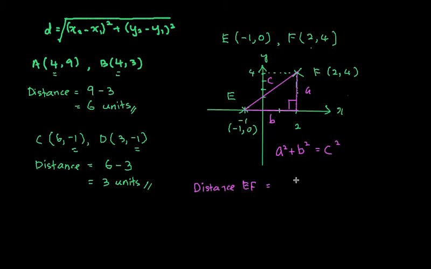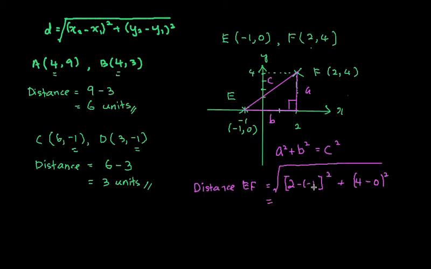So it will be 2 minus negative 1. Don't forget you have to square it. Plus y2 minus y1. Actually you are calculating the length of this side. So it will be 4 minus 0, squared, and square root it.